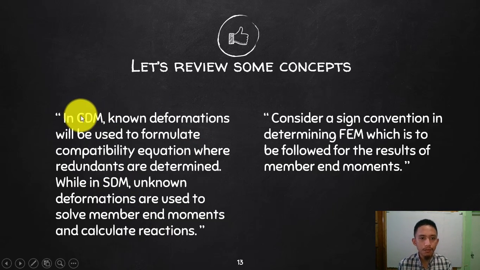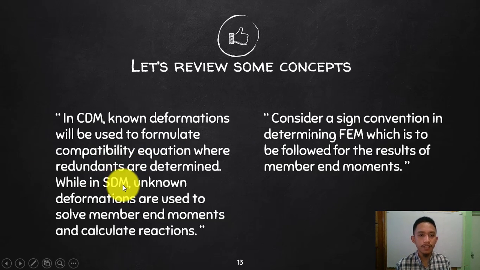In CDM, the consistent deformation, the known deformations, once we know that theta is 0 or delta is 0, that is what we are going to use to formulate compatibility equations, wherein we will use this compatibility equation to solve for the redundant. Once you have your redundant, bring it back and solve for the rest of the restraints.